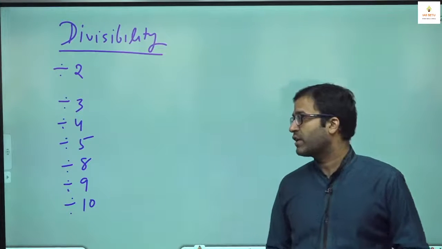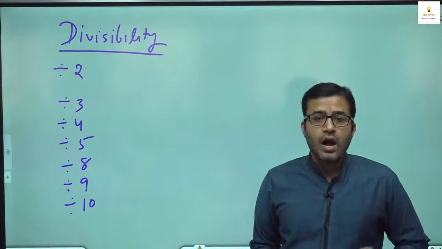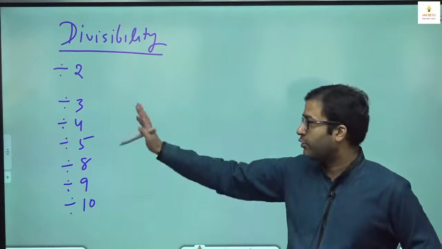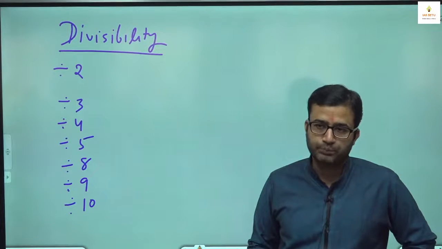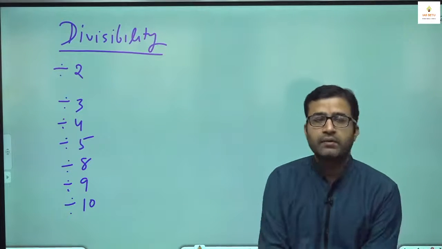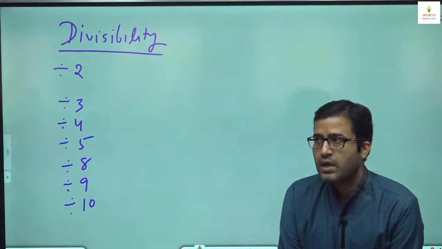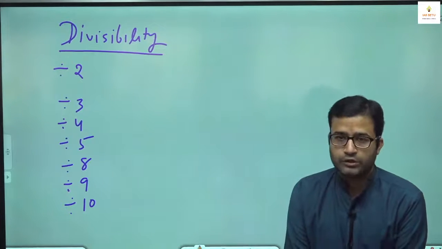Then you ask, sir, why are you not taking divisibility of 6, 7 in a sequence? I tell you, I will not take divisibility in sequence. Like I used to teach mapping also. In mapping, we have Ramsar wetland sites, maybe national parks also.